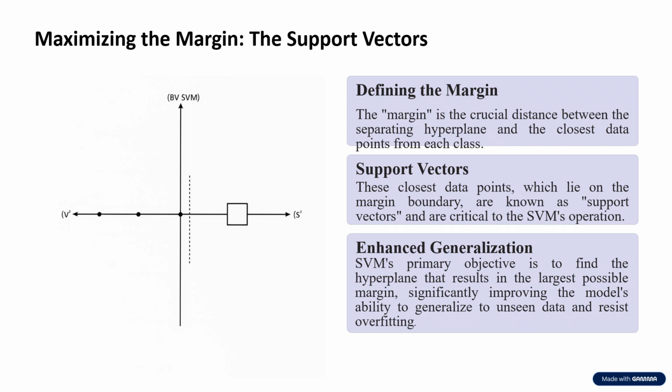Enhanced generalization. SVM's primary objective is to find the hyperplane that results in the largest possible margin, significantly improving the model's ability to generalize to unseen data and resist overfitting, to overcome overfitting in my prediction.